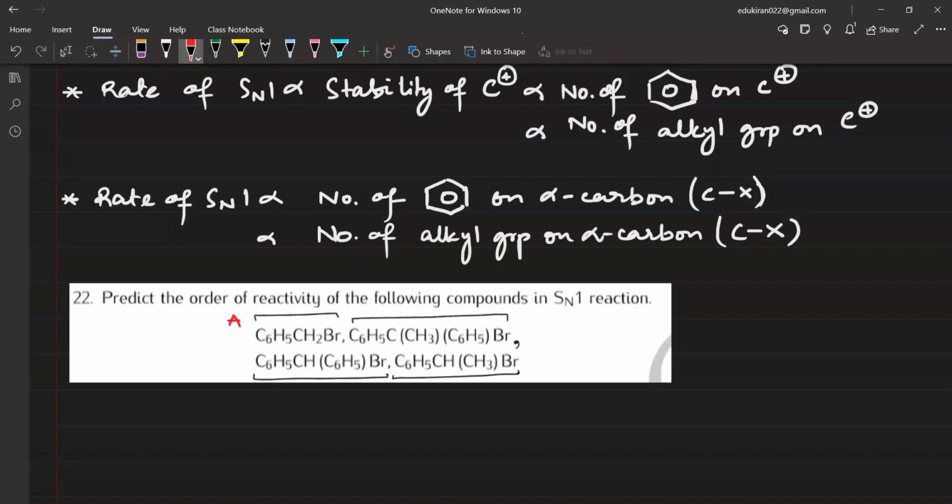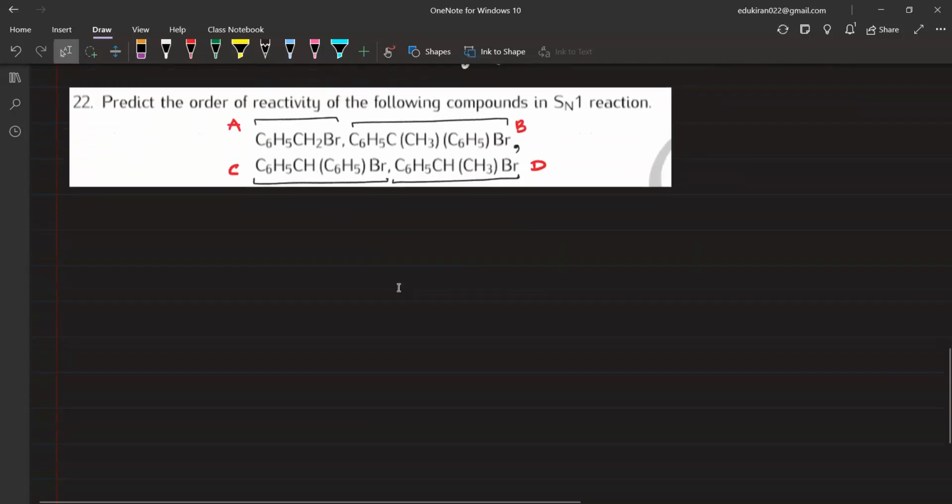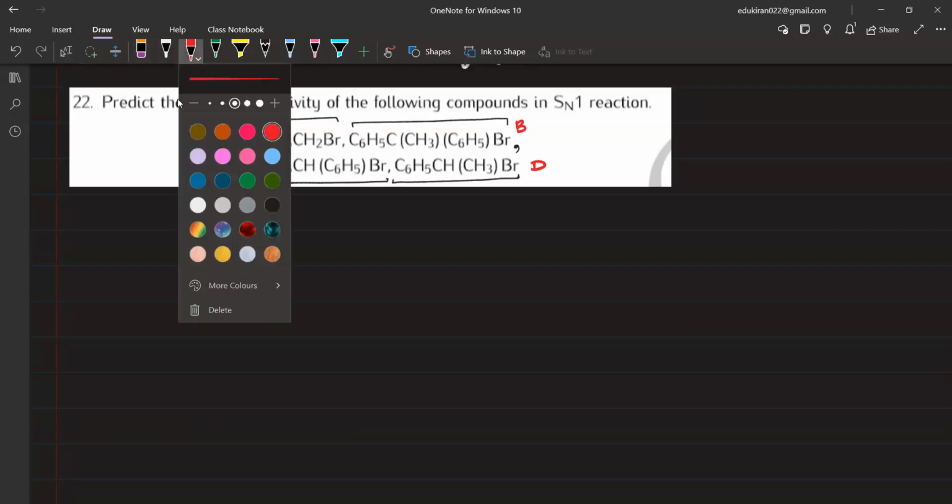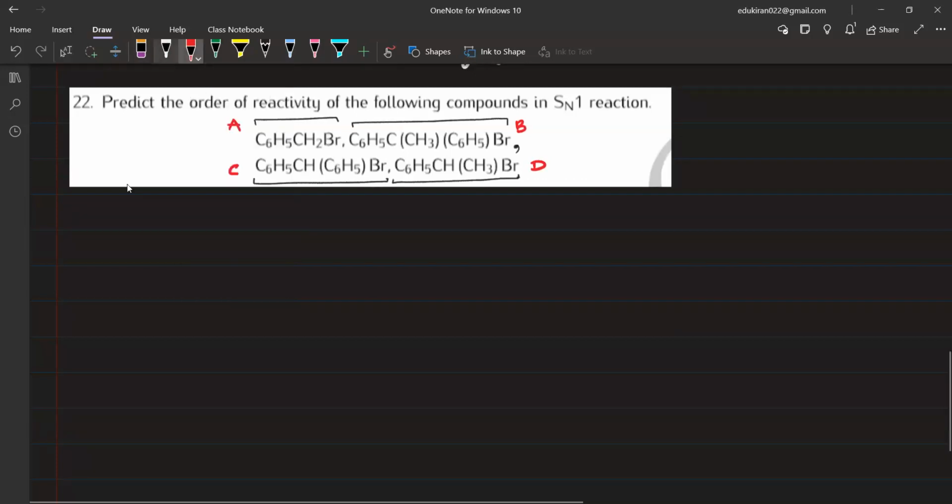This is A, B, C, and D. Guys, see, by looking at these things, you will not be able to do this. First of all, you have to draw the structure if you want. And at least what you can do is identify how many benzene rings are there.